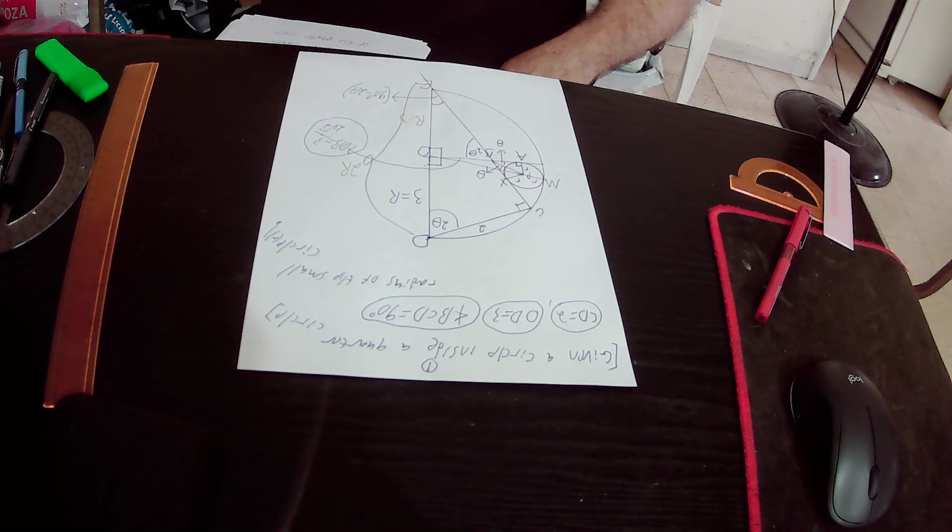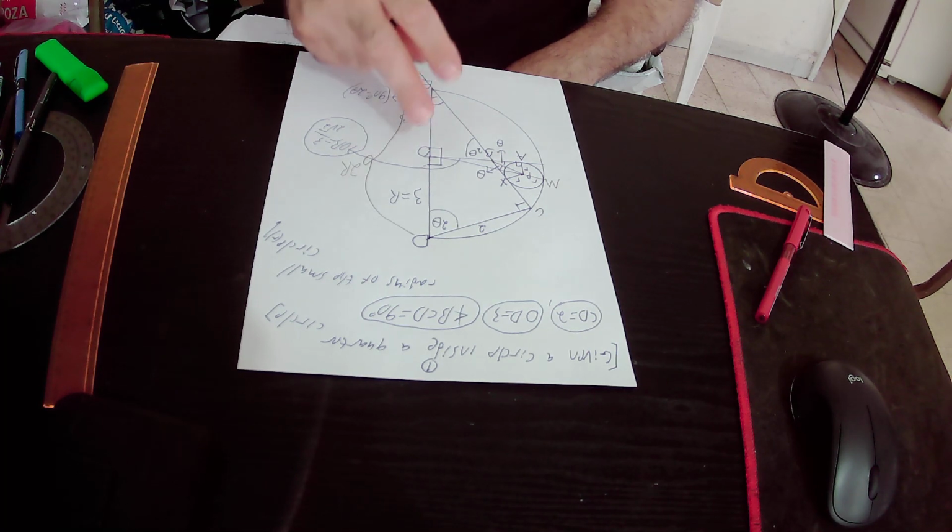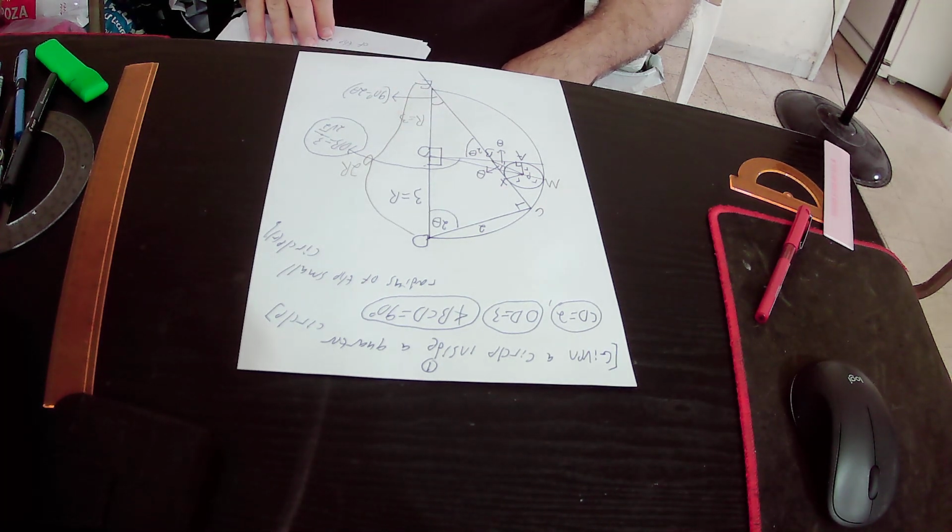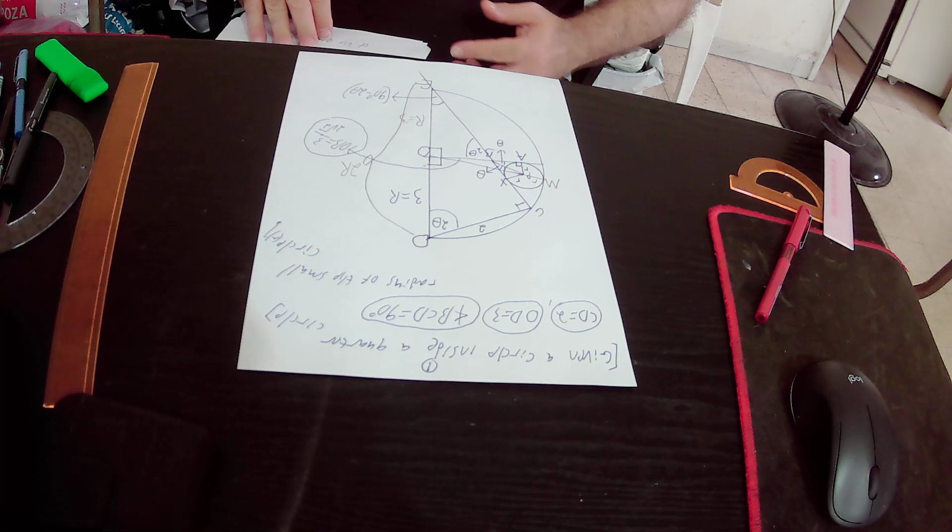So we have peripheral angle ECD that equals 90 degrees, therefore it must rest on the diameter of the circle. That is to say, DE is the diameter of the quarter circle.